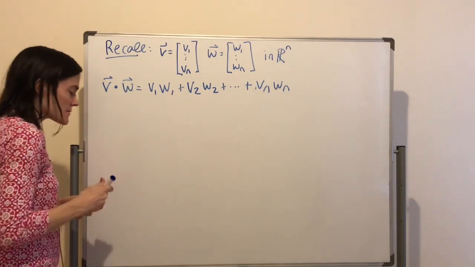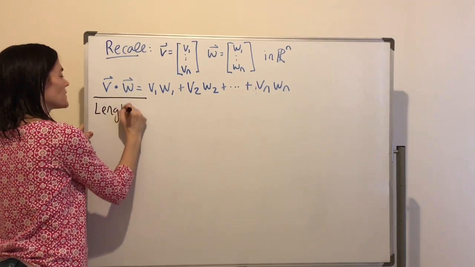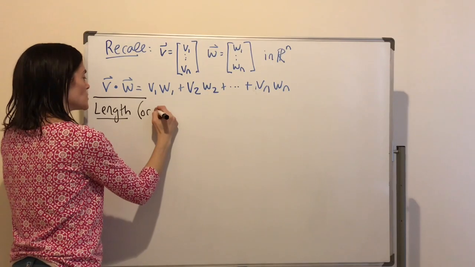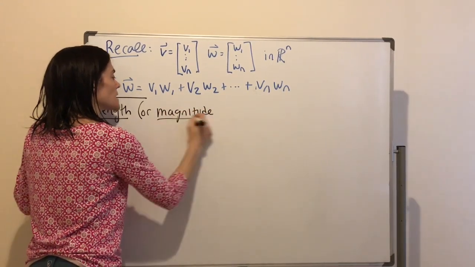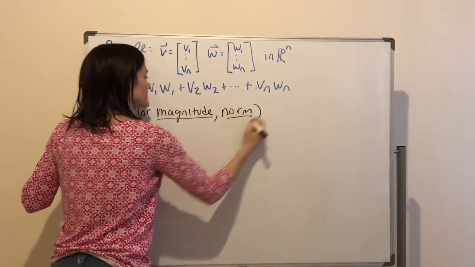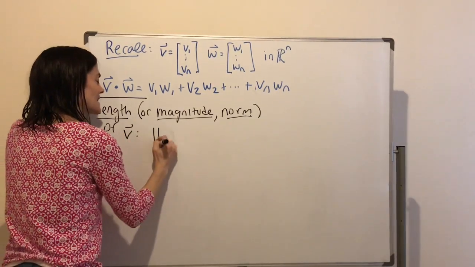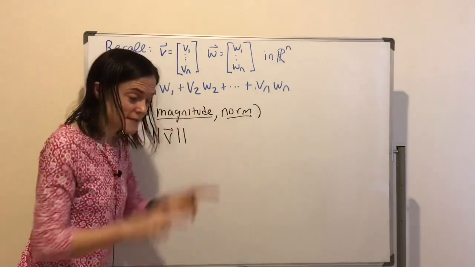Now, some other things that come up with this, the length of a vector, or sometimes this is referred to as magnitude, sometimes this is referred to as norm of a vector V is, this is the notation. It's like absolute value, except there's two bars.